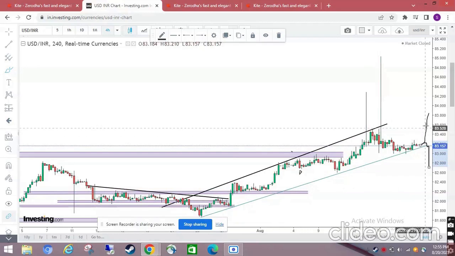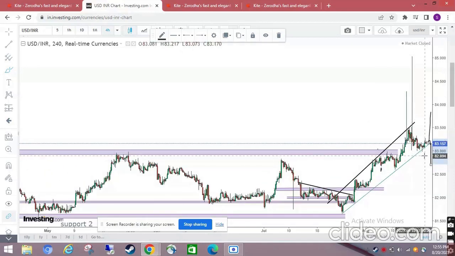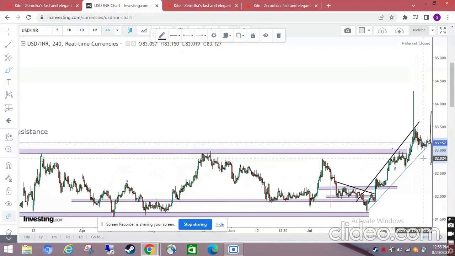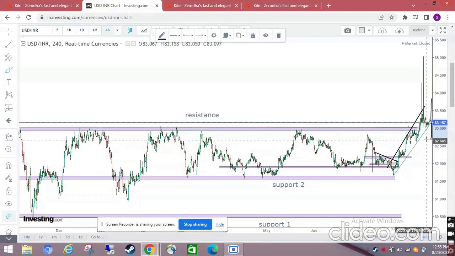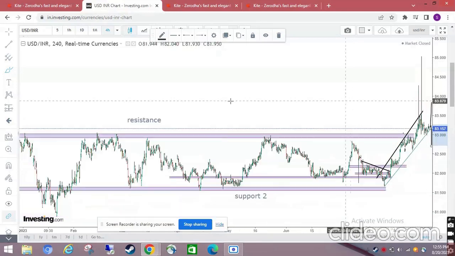But the probability of it going up is high compared to down. I would say about 60-70% probability of upside, and the 30% might be wrong, but we still have a stop loss below this area, below this resistance, if it comes down. If it flicks us and then goes up, still not sure.